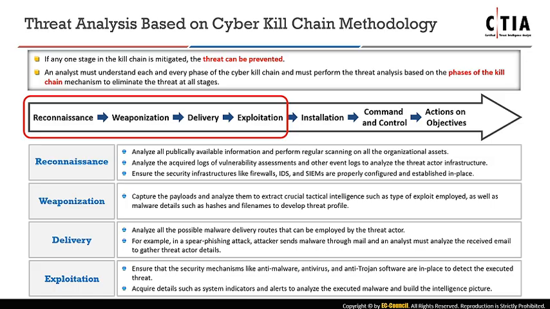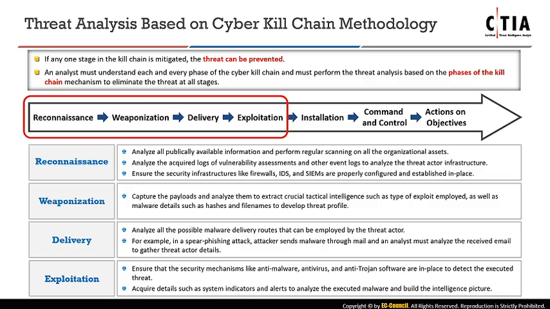Next, we look at delivery. In delivery, we're going to analyze the possible malware delivery routes that can be employed by the threat actor. So what are some of the delivery mechanisms? Spear phishing. A spear phishing attack, when we're looking at perhaps attacking executives in the organization.